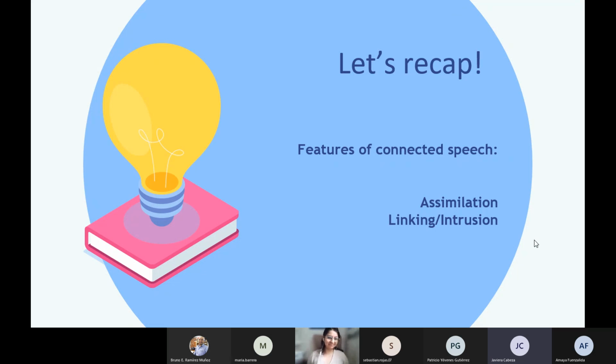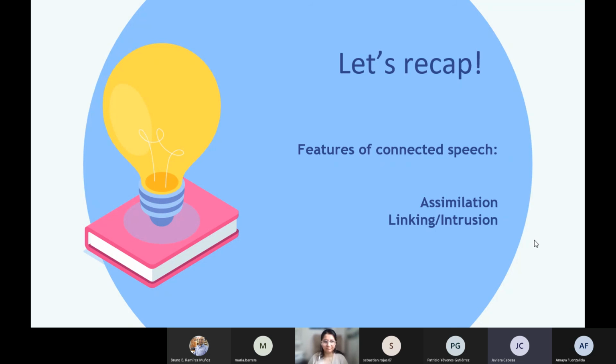So again, congrats. And just a very small thought about these linking features, because they are there. Some speakers may use them, some speakers may not. Particularly if you hear a speaker who speaks very slowly, there may be some chance that he or she is not using these features of connected speech because the pace is slow.